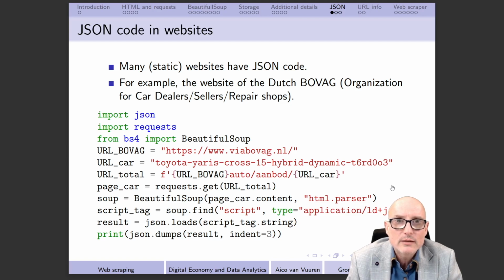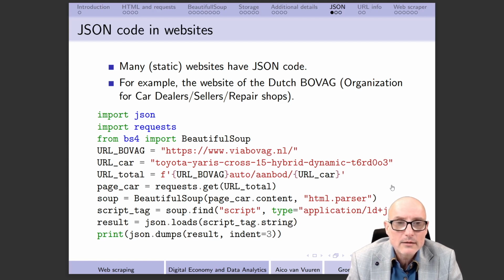In addition, I already said that JSON code is actually related to JavaScript, so related to dynamic websites. But we should take into account that even a lot of static websites do have JSON code. And even though this makes the analysis maybe a little bit more complicated, it's also going to be very helpful for us in order to do our web scraping.